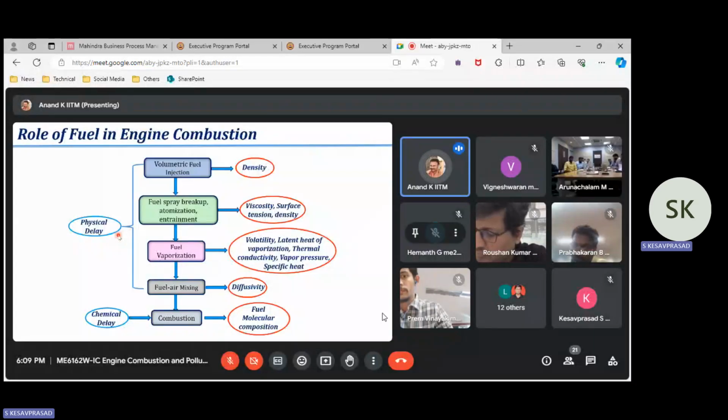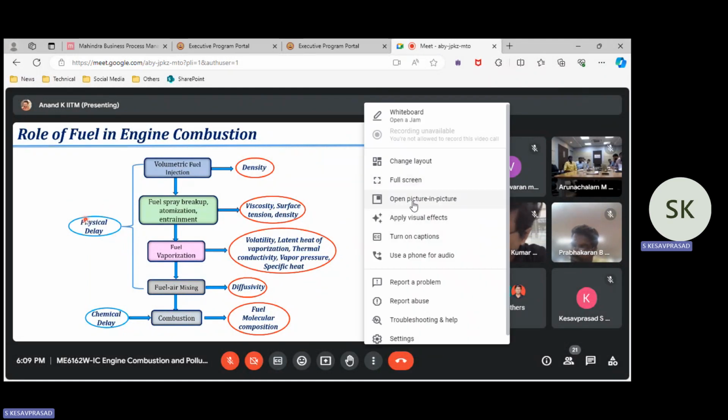To form an ignitable fuel air mixture, some amount of time is spent in the engine after you inject the fuel into the cylinder. That delay time is referred to as physical delay time.